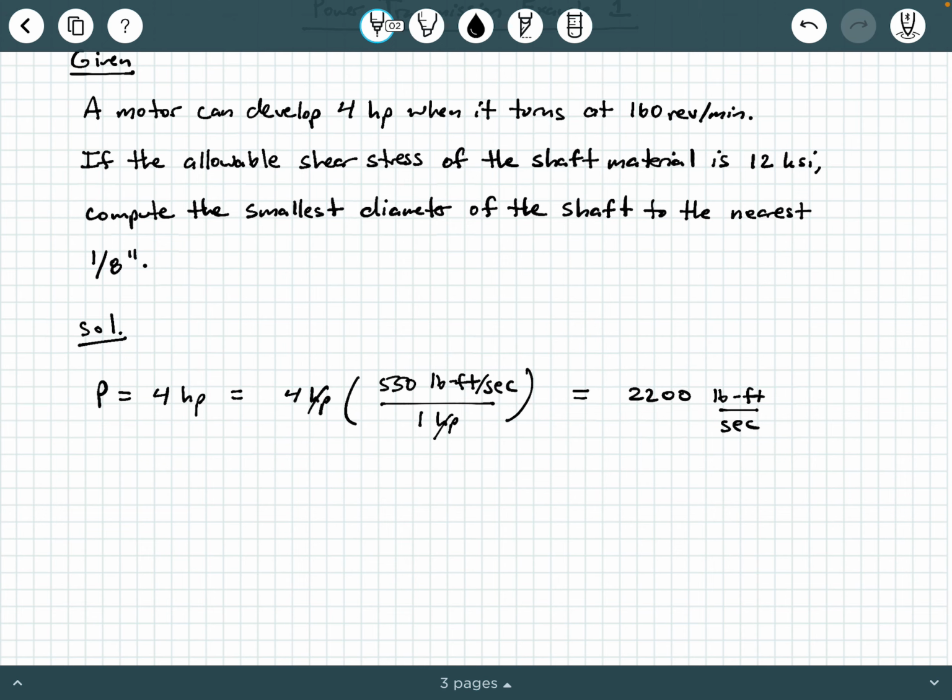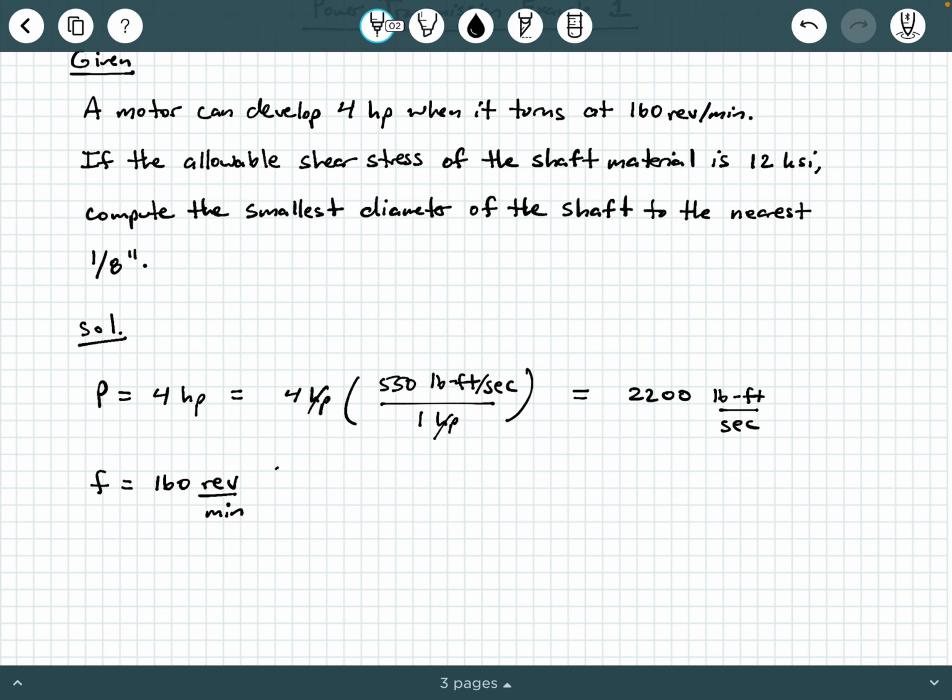Now, what about the frequency? Well, we were told that the frequency is 160 revolutions per minute. The thing we've got to be careful about is that we have seconds in the value for power, and so we need to convert the per minute to per second for frequency.